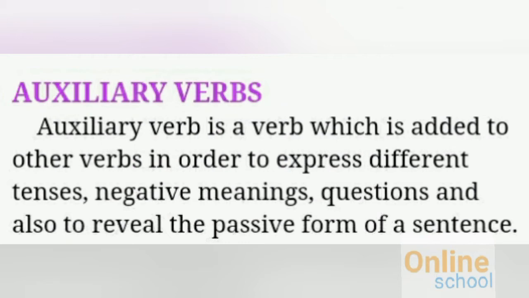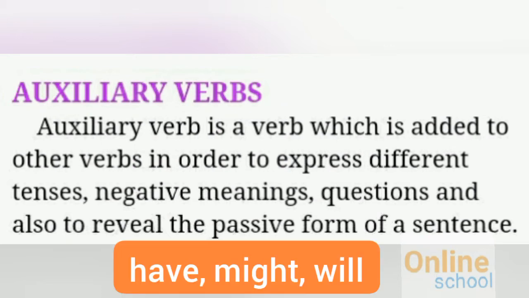Auxiliary verbs are also known as helping verbs and are used together with a main verb to show the verb's tense or to form a question or negative. Common examples of auxiliary verbs include have, might, will. These auxiliary verbs give some context to the main verb.